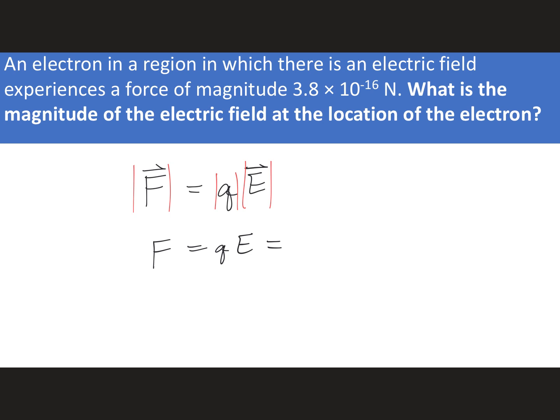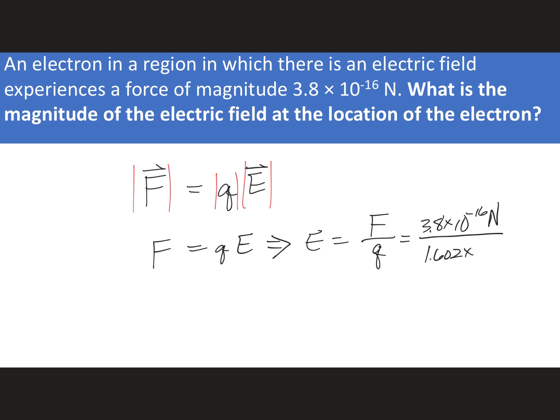Now, what we want here is the electric field. So fields, electric fields, or any field is always force per unit, whatever matters in that field. And so we were told, this is super simple, that we had 3.8 times 10 to the minus 16 newtons. And it's an electron, which has an elementary unit of charge.